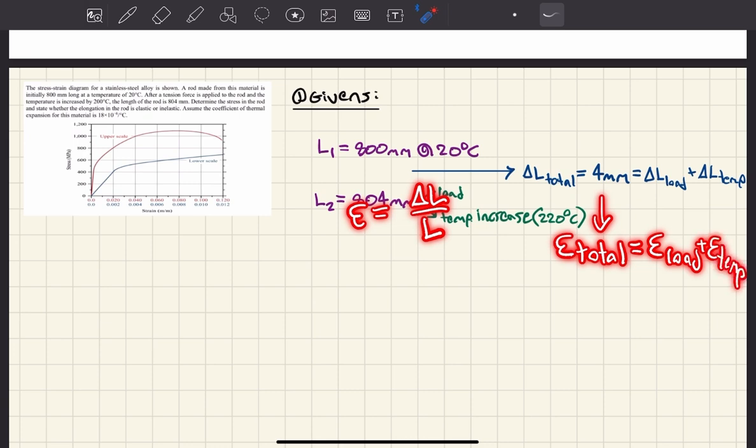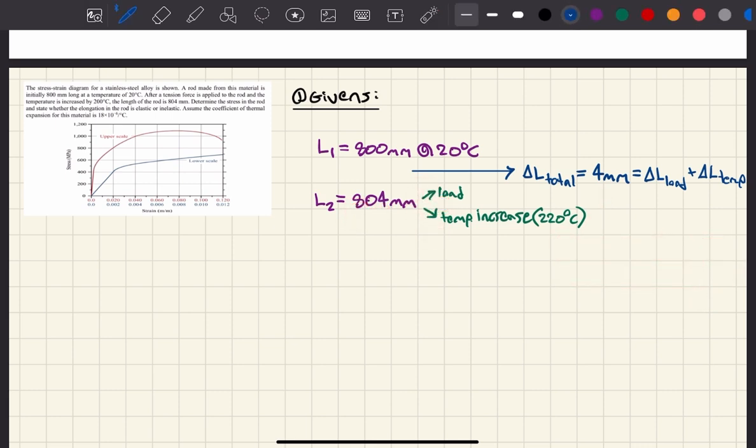Beautiful stuff. Let's write that down in givens, no harm. The total strain is equal to the strain caused by the load plus the strain caused by the temperature increase, or the thermal strain.